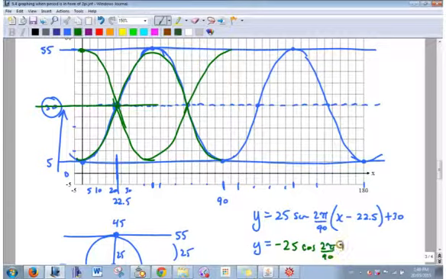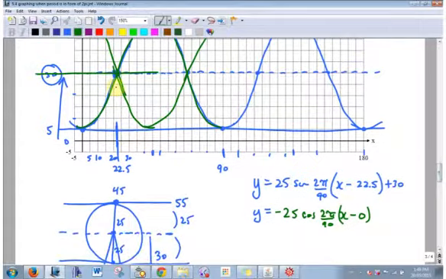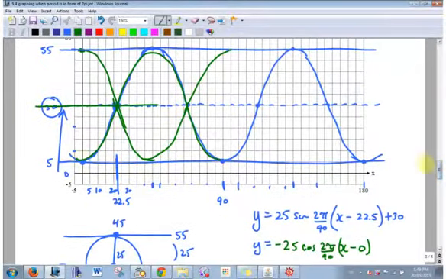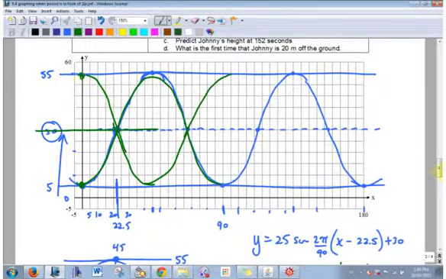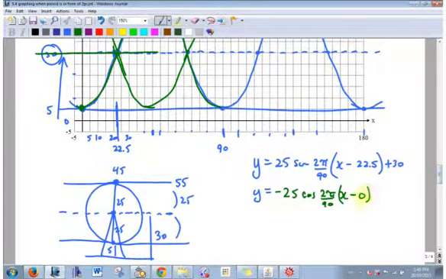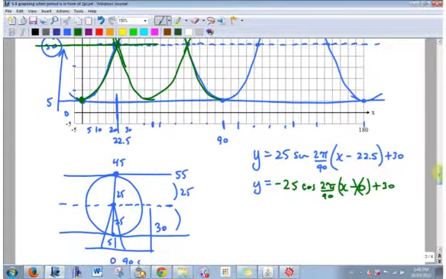What's my phase shift? It's not there at all. So I can put -0 or just don't put anything. There's no phase shift here. Okay? I don't have to move it left or right. It starts right there, right at 0. It's just flipped, so it's a negative. Okay, so you don't have to write that. And does this change? No. Everything's the same. The only difference between sine and cosine is a phase shift. Everything else is the same. So I don't care which one you like. Just don't get really strange and creative. Okay? So I'm the guy who has to mark this thing.